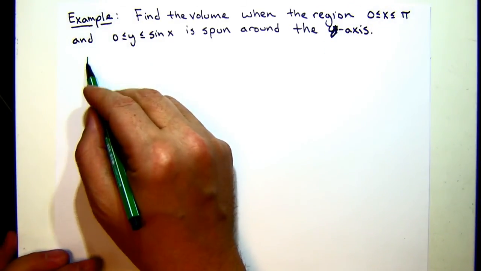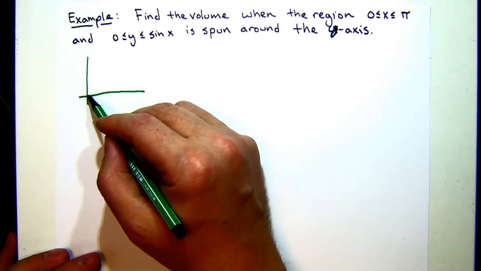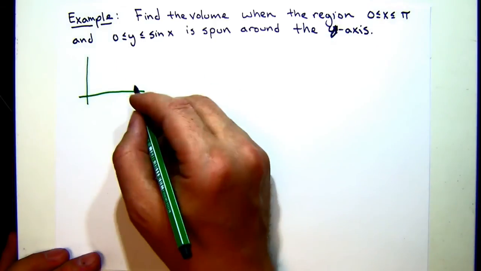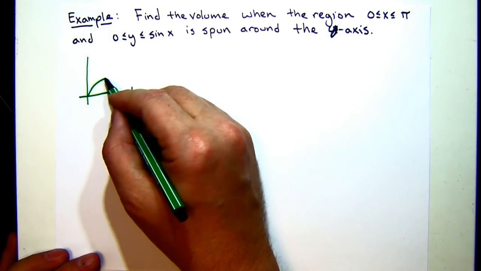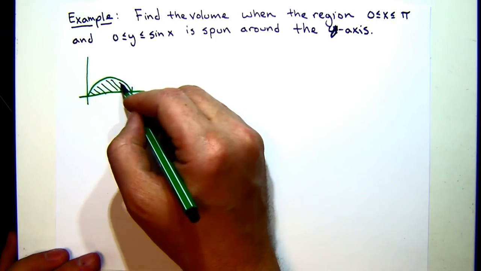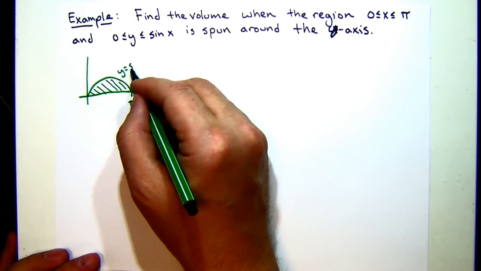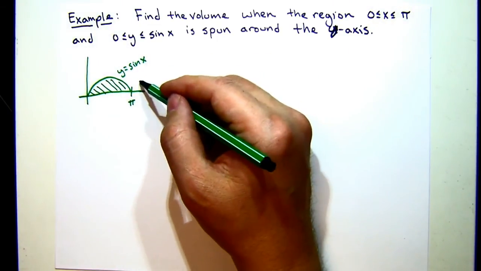That's a terrible looking y, but that's what that's supposed to say. Now, we did a problem like this on the quiz, and it was slightly different. So x goes between 0 and pi, y goes between 0 and sine x, which means our region is this part. It's what's underneath the sine curve from 0 to pi.